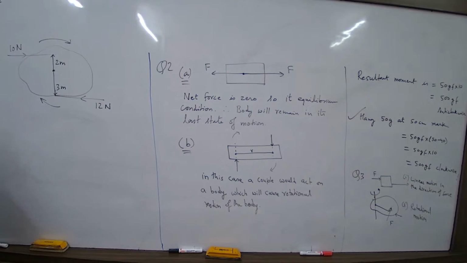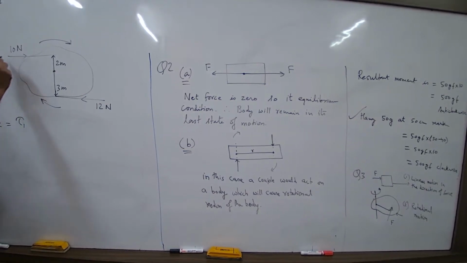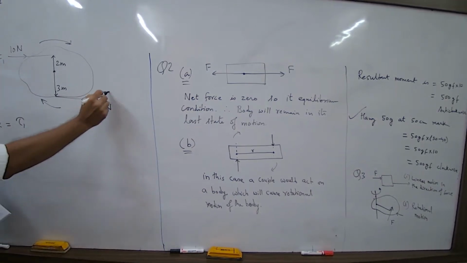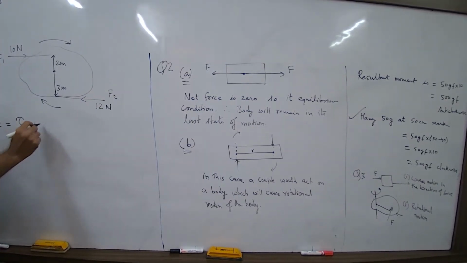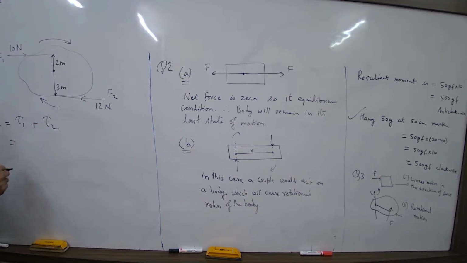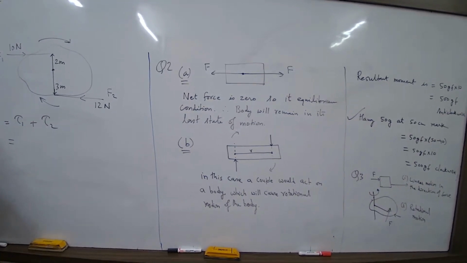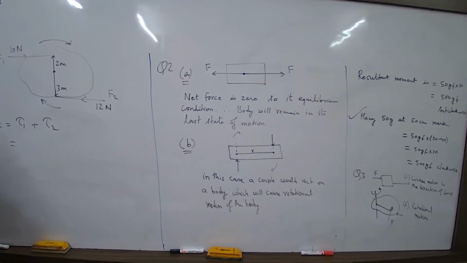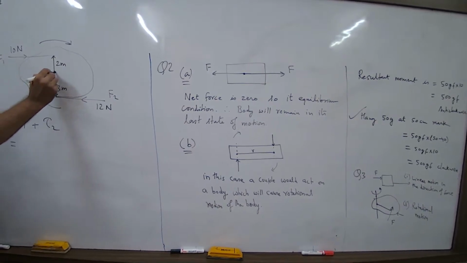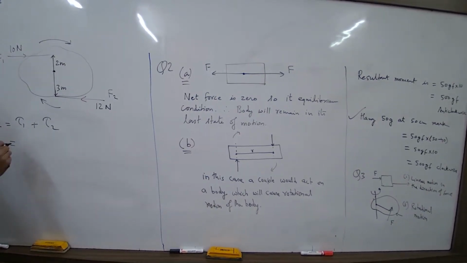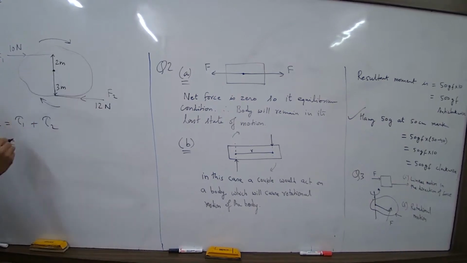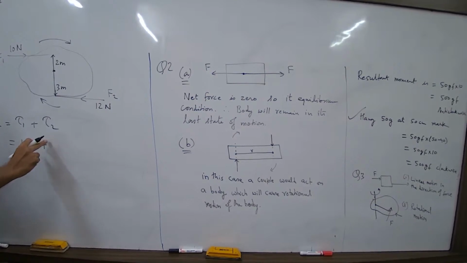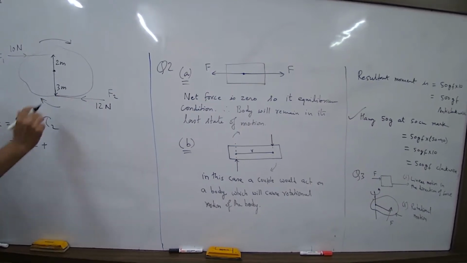What is the resultant torque? So T resultant is equal to, let's take this as F1, this is F2. So T1 is, assume this is the pivot. So what is T1? 10 into 2 plus 12 into 3.